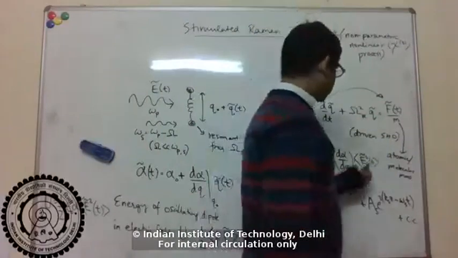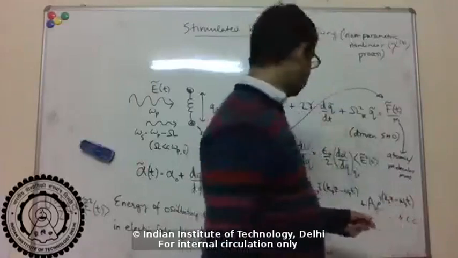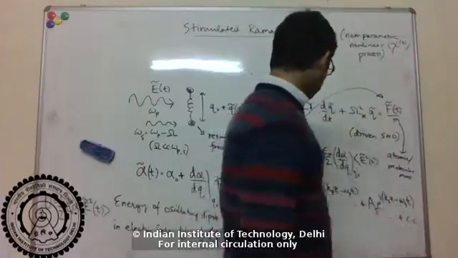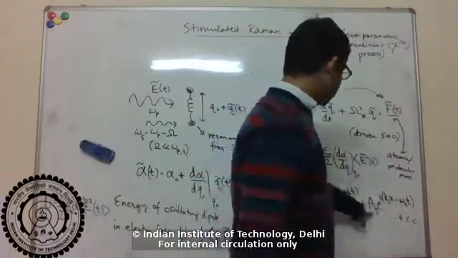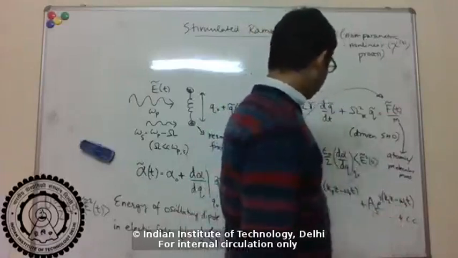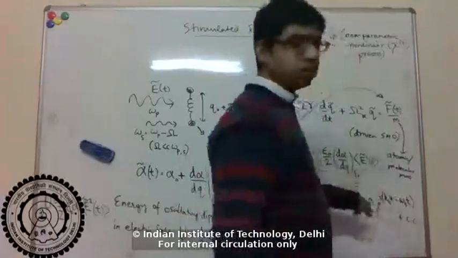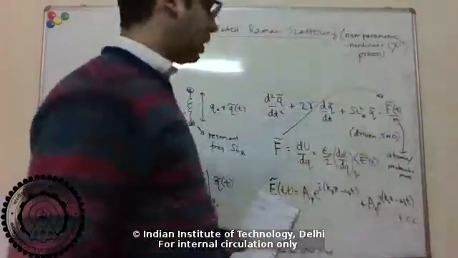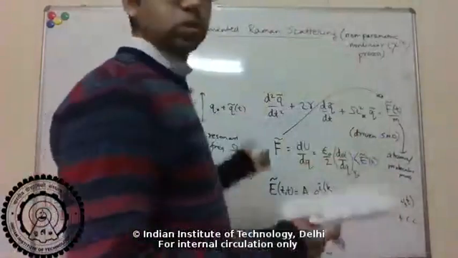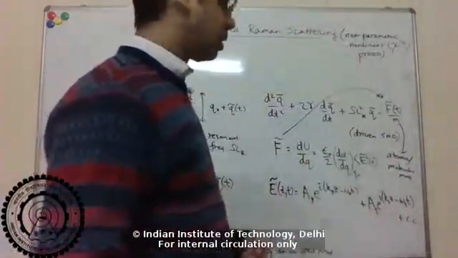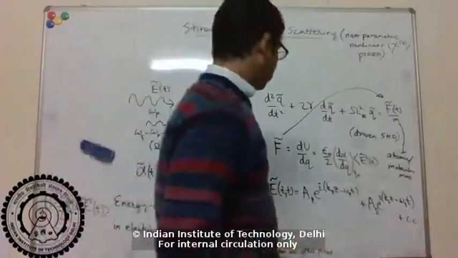So the only terms which will not average to zero are the slowly varying terms, which are the cross terms. So AP times AS will go as e to the i (omega p plus omega s). That's also very fast varying, because omega p and omega s are roughly the same, so it's varying like e to the i 2 omega p t.